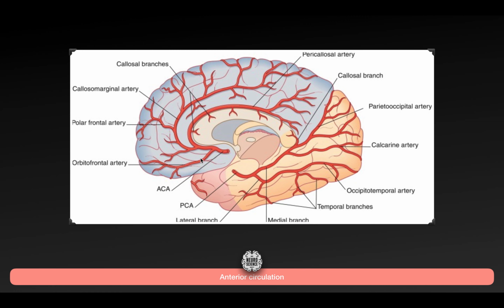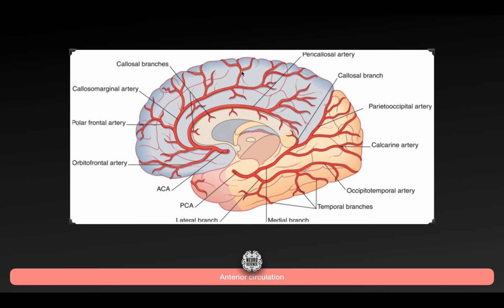But it does split into this orbitofrontal artery, so the orbital frontal gyrus, it reaches this region here, and then this region that sort of sits on the border, this upper border of the cingulate gyrus. So here's our cingulate gyrus, and then here, on the marginal sulcus of it, is this branch here called the callosomarginal artery. So we have a pericallosal, and then we have a callosomarginal.